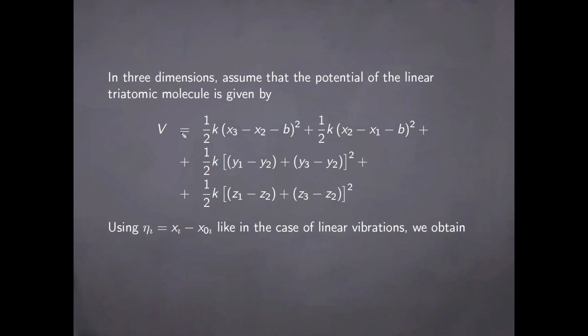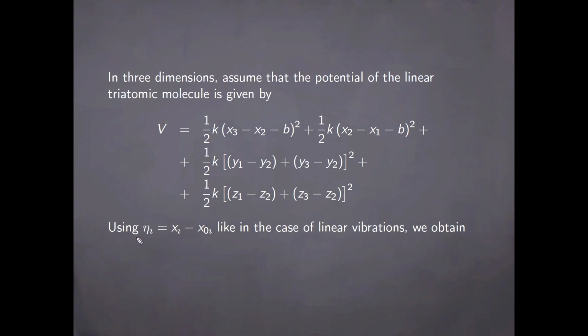In that case, the potential energy consists of the original terms for the vibration along the molecular axis, plus two additional terms for vibrations in the y and z directions. And they are written in such a way as to allow for the possibility of the molecule to rotate about the z or y axis without affecting the overall potential energy.